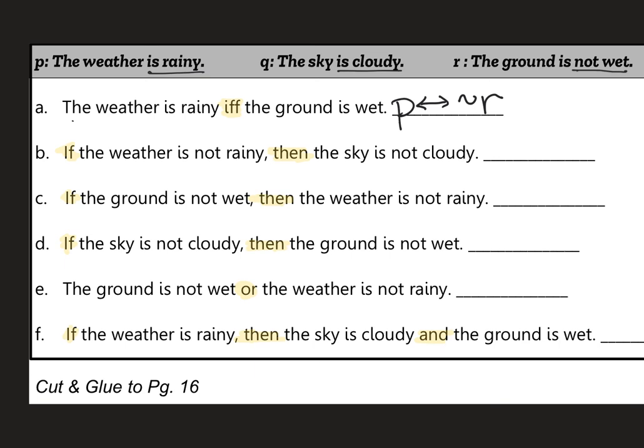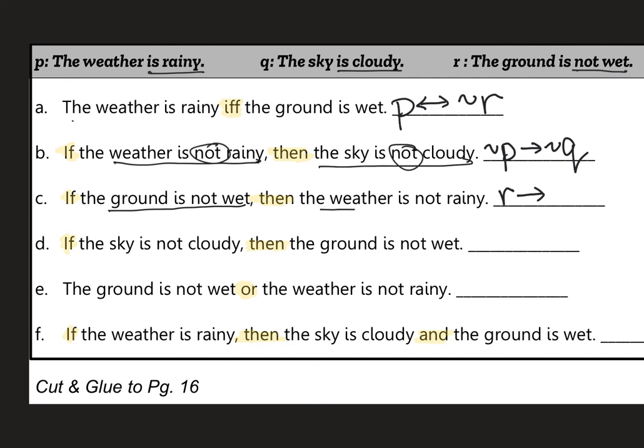If the weather is not rainy, so if not P, then the sky is not cloudy, so not Q. If the ground is not wet, that's what they gave me, so that's R.